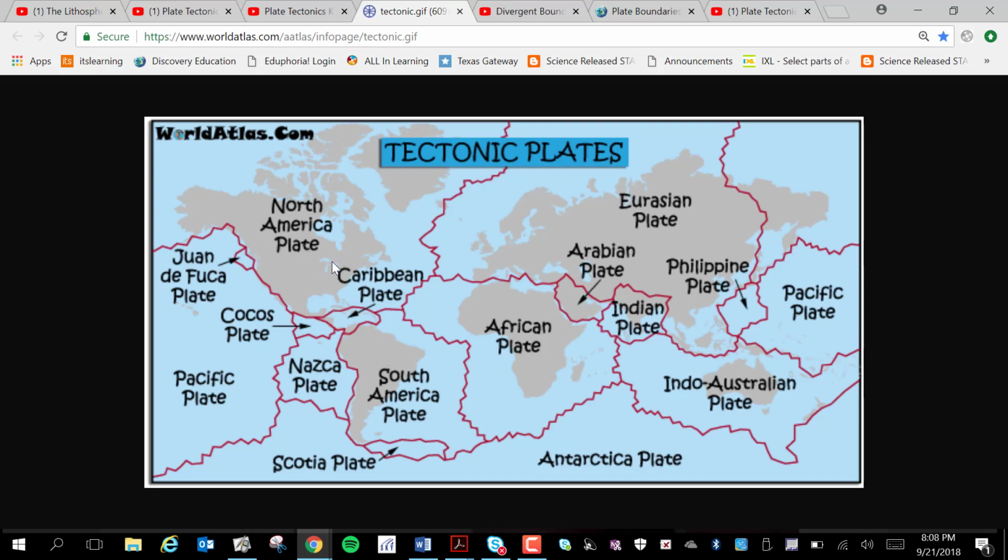So we have continental crust where our continents are, and oceanic crust where our ocean floor is. If you notice, we have some plates that are all one type of material. But if you look here where my pointer is, we have oceanic crust and continental crust. So some plates can be made up of both.